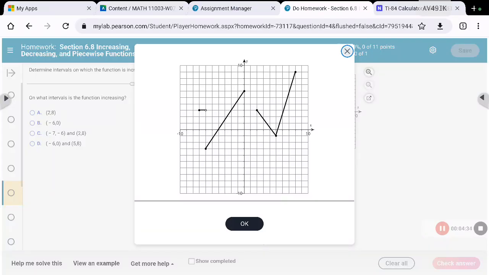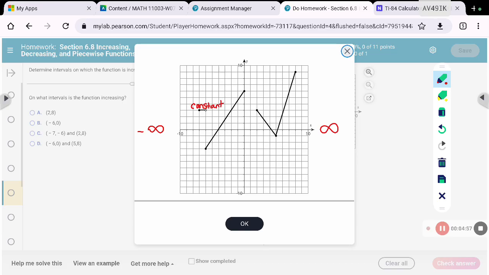Okay, I'm going to do the same thing on this next example. I am going to go through first and label what is happening on each piece. So this first little piece, remember you go from the left to the right, negative infinity to positive infinity, so here's where I'm going to start. This little tiny piece right here is constant.